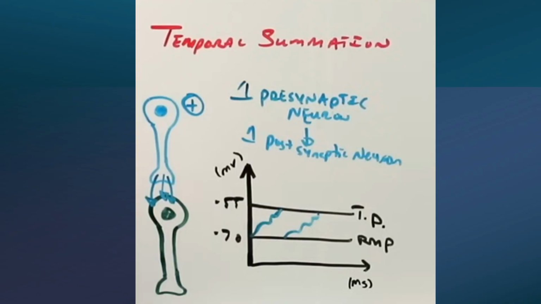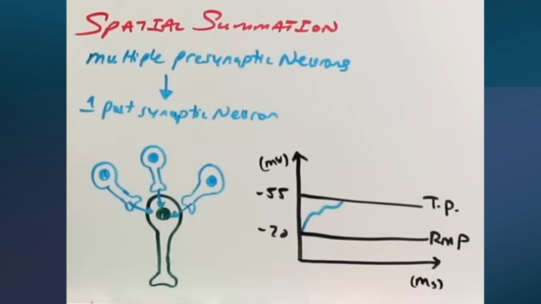The next way is spatial summation, which is, rather than one neuron sending multiple messages, multiple neurons sending one message or 2 messages. And when enough chemical messages hit our neuron receptors, it eventually becomes positive enough because enough sodium or calcium goes in, and we hit our negative 55 threshold potential.